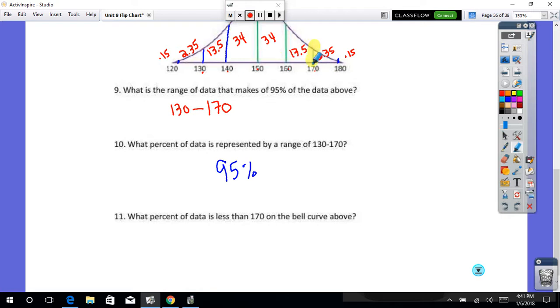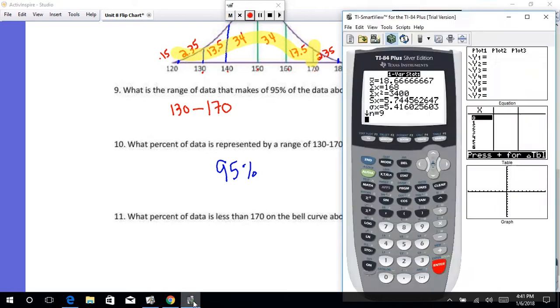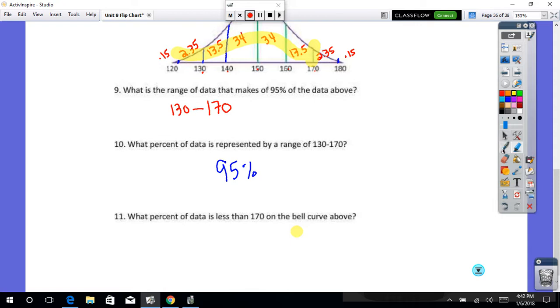Go to 170, which is right here, and everybody below that. Okay, so remember there was 2 ways you could do it. Add up the ones that you just highlighted, or you know that your whole curve is 100%, and you are excluding these two people right here. You're excluding the 2.35 and the 0.15, so you can subtract those, and you are left with the 97.5.